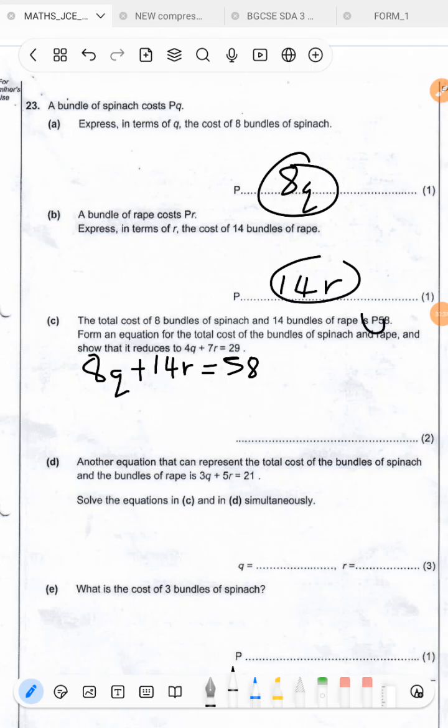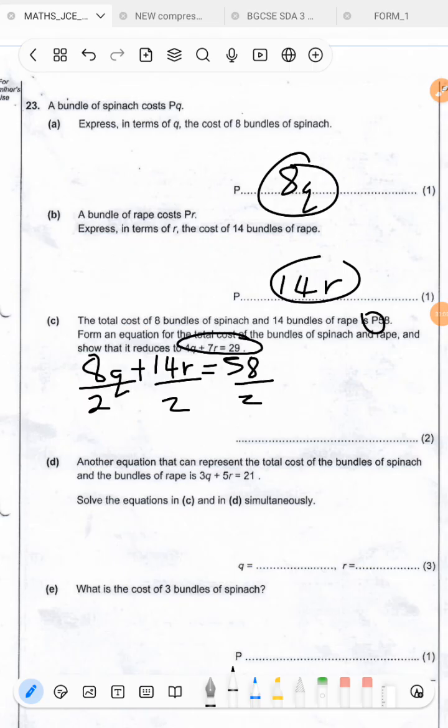So you don't need to put the P, because here we are forming equations. Now we have to reduce this equation so that it's like that one there. A way to reduce is to find the highest common factor between those numbers. If there are letters there, then you can go for the letters, but here numbers are the ones that can have a common factor. So I'm going to divide by 2.